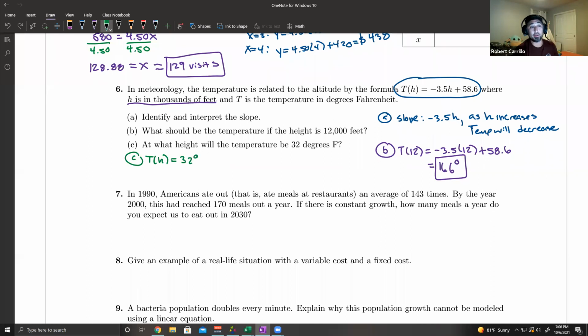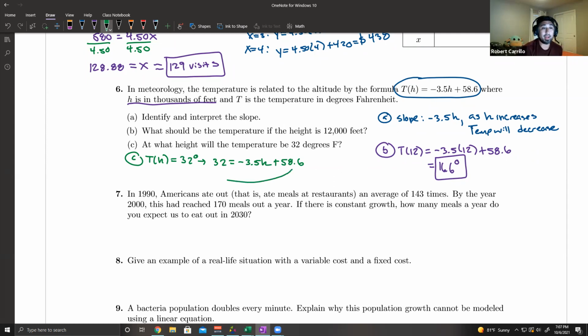So that means we take 32 and plug it in for T of H. So we will have 32 equal to negative 3.5 H plus 58.6. And now we are going to solve for H.